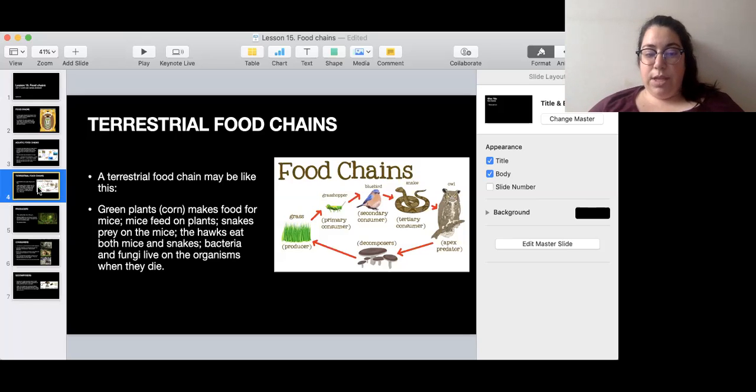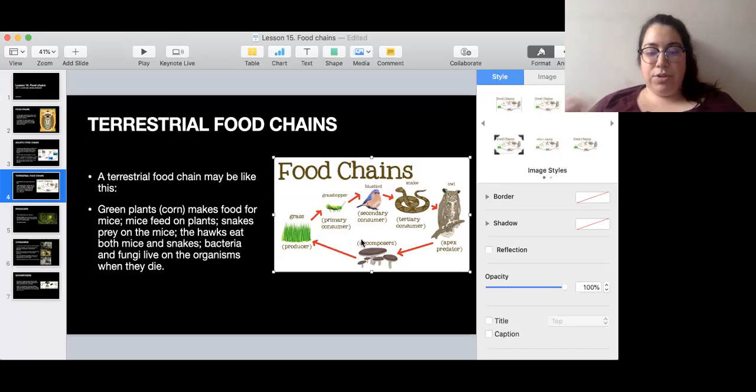And then eventually that hawk is going to get old, it's going to die, and bacteria and fungi that live on the organisms are going to eat it until they return all of the materials, all of the chemicals back to the land. And here in the picture, I have another example with crickets and birds and snakes and owls.